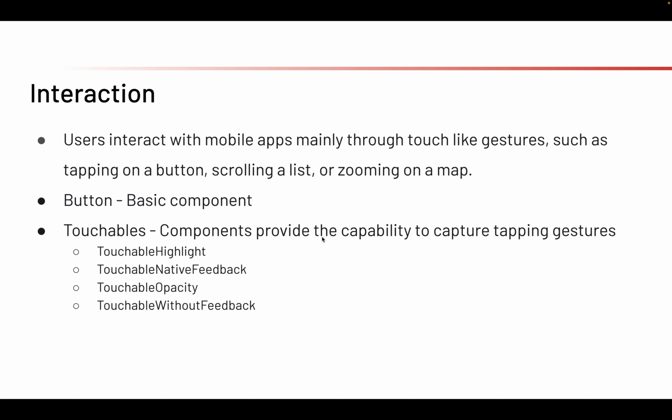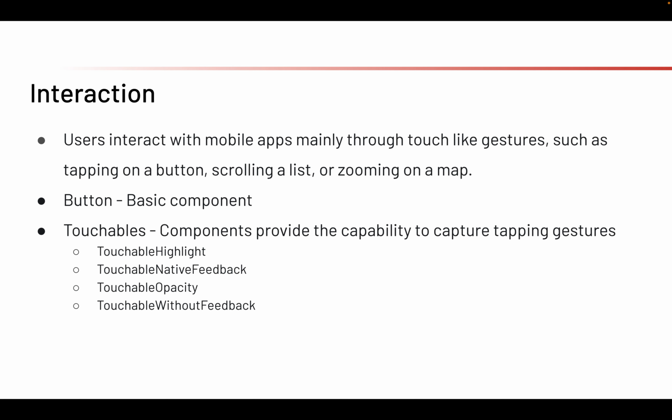interaction. So users interact with the mobile app mainly through touches like gestures, such as tapping on a button, scrolling a list, or zooming on a map. In React Native we have some basic components, which is Button, used to get a user interaction to perform some operations.